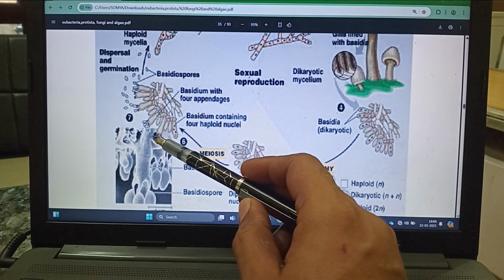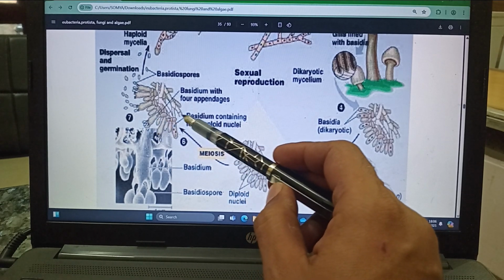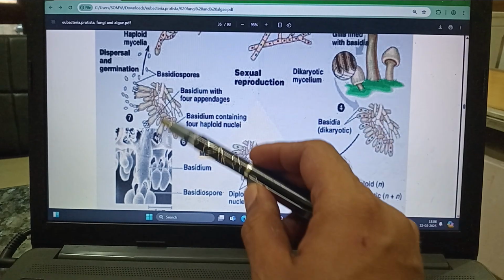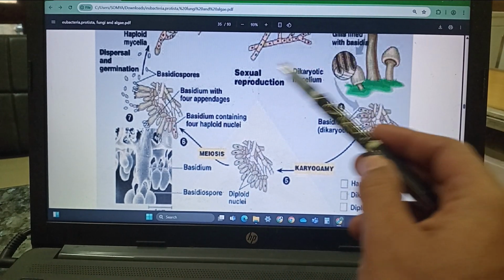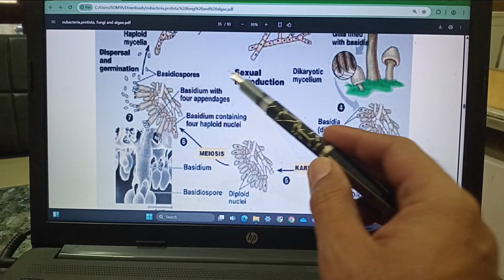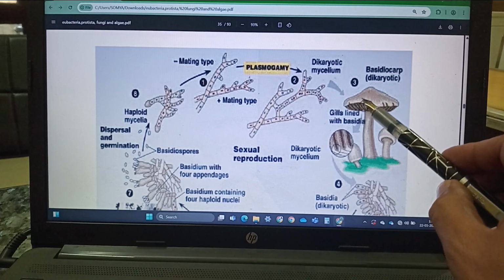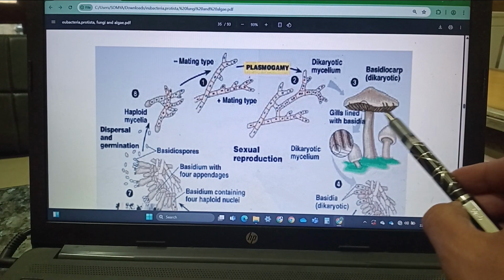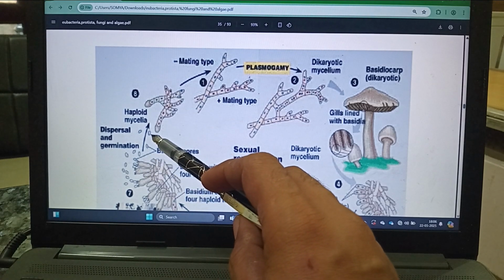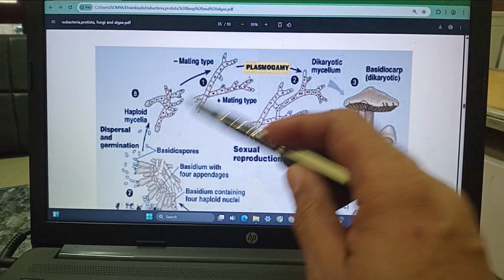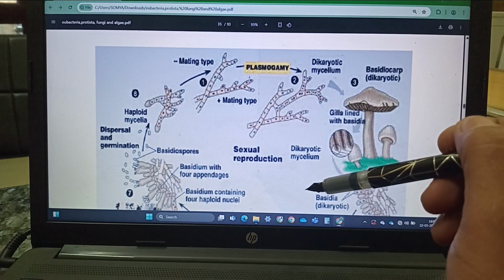They are produced exogenously on the basidium. The basidia are arranged on the gills of the mushroom. So they are on the fruiting body called basidiocarp. This whole is the basidiocarp. This is the basidium. On this the basidiospores have been produced. So this was the sexual reproduction taking place in the basidiomycetes.